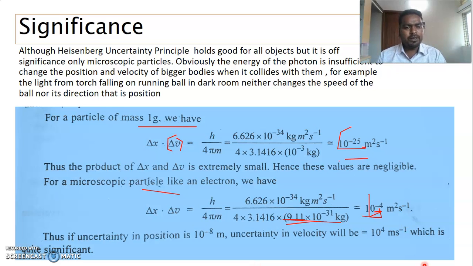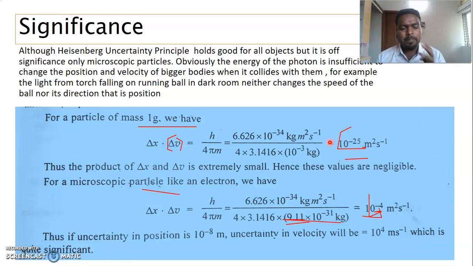That is, compared to the product of position and velocity uncertainty for 1 gram, this value is greater. So even though we can apply this principle to all objects, it is insignificant for macroscopic particles.